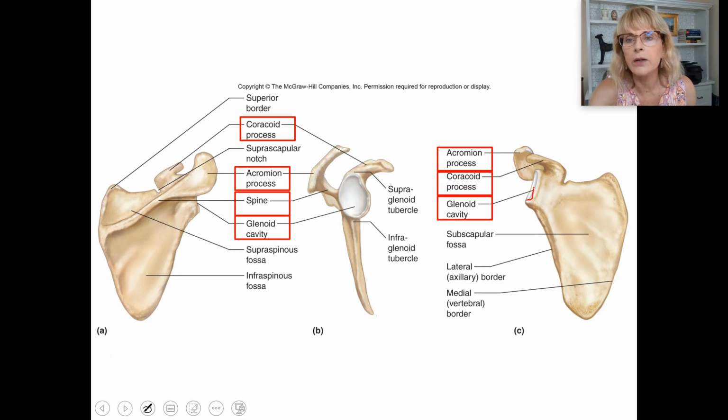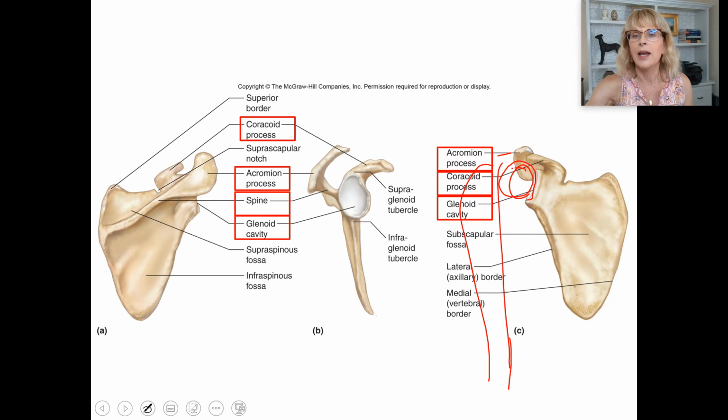This area right here, that is where the head of, I am not talking to you, Siri. That is where the head of your arm bone is. So this would be your humerus, and it fits right in there in the glenoid fossa. The glenoid cavity is also called the glenoid fossa. For my answers, I'll accept either one.